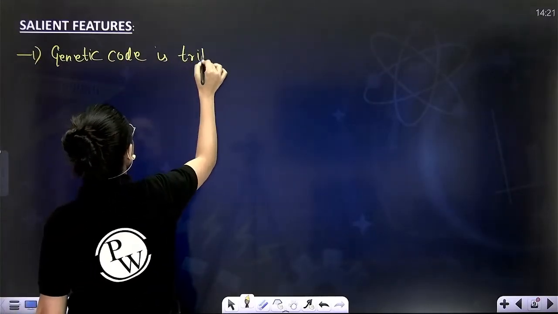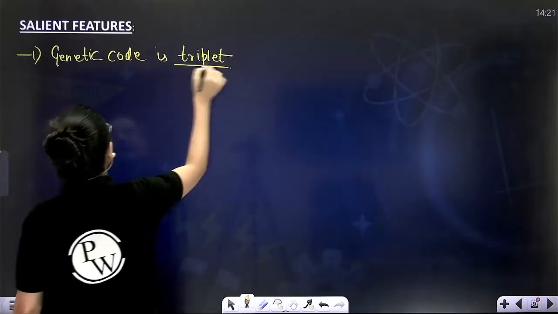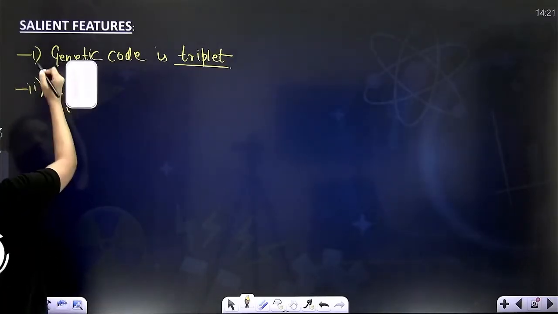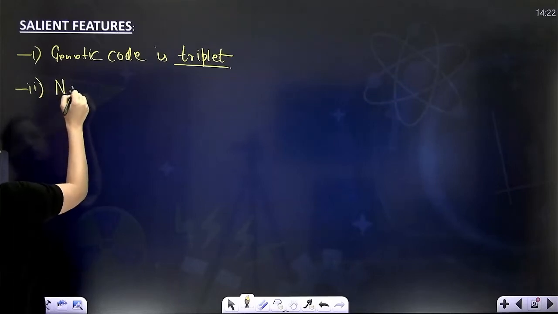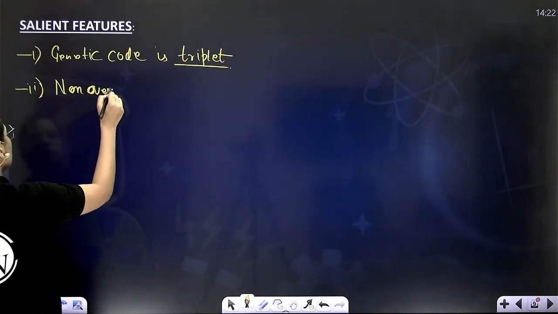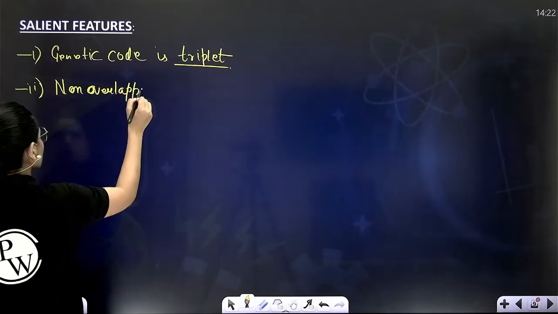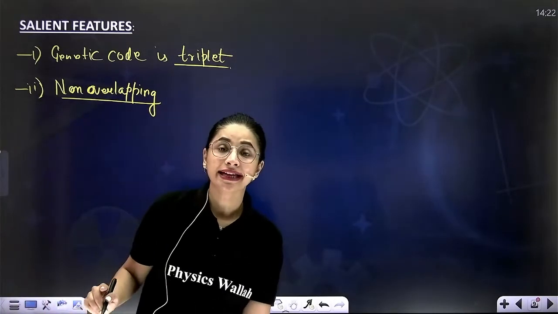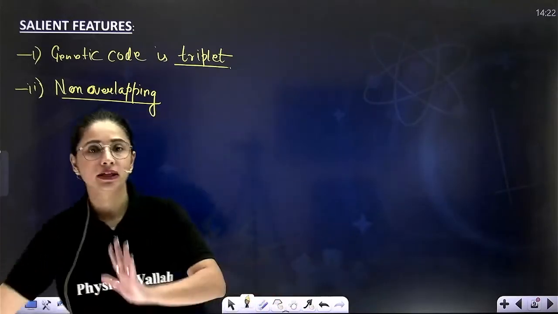This is universal. Second, genetic code is non-overlapping. Right? That means 3 nucleotides which are donating themselves to make one codon will not participate in another codon.